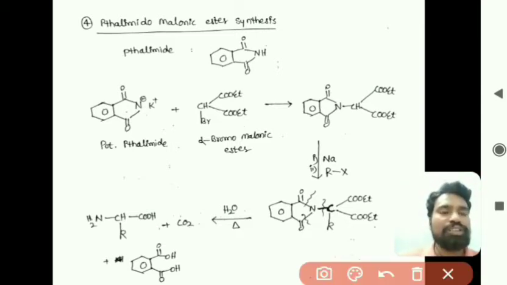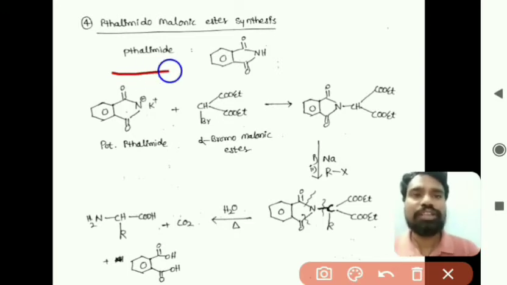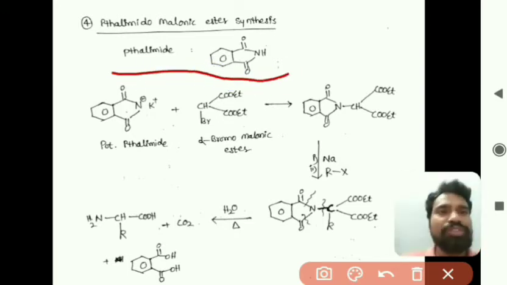that is phthalimido malonic ester synthesis. Earlier in part 1 we have discussed malonic ester synthesis. Here the amide of phthalic acid is called phthalimide.